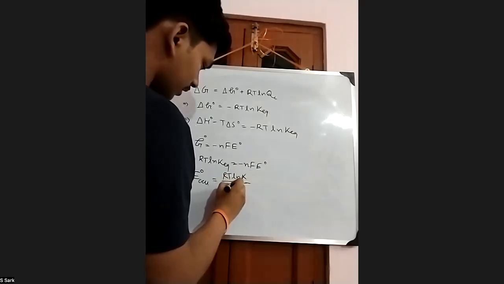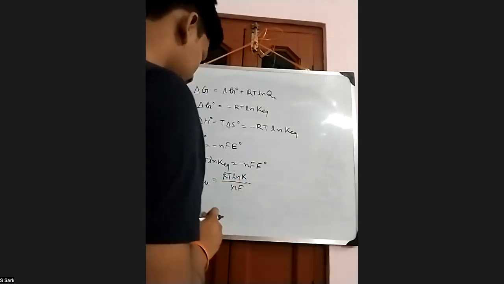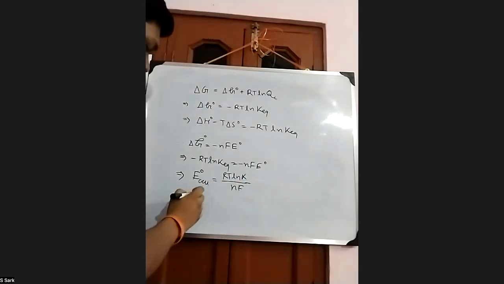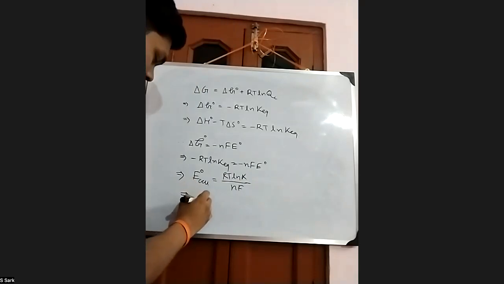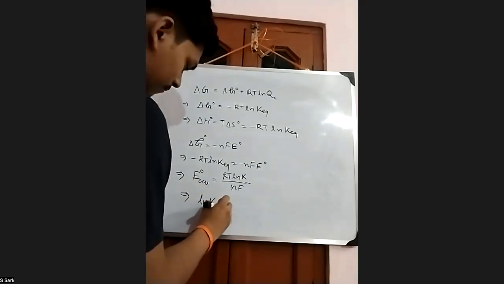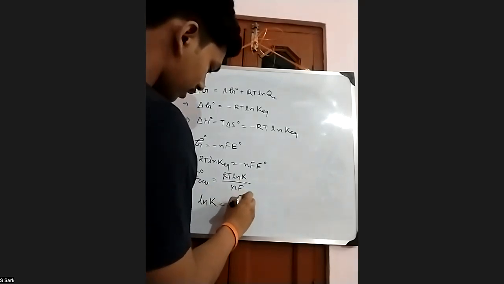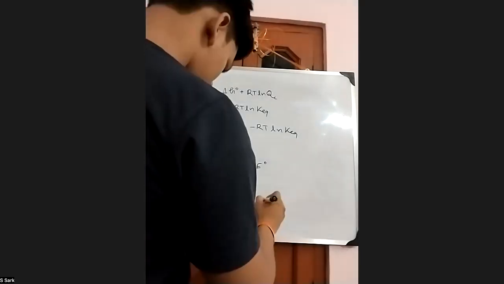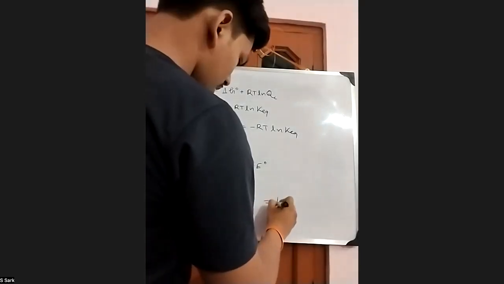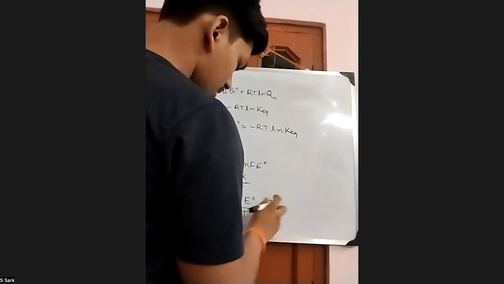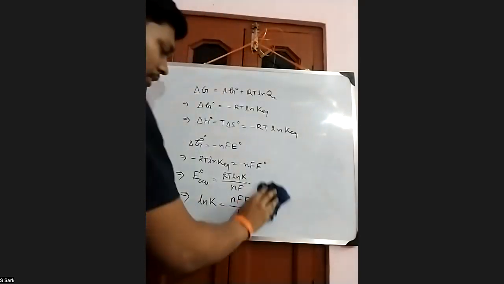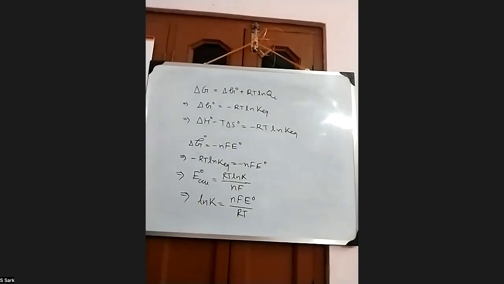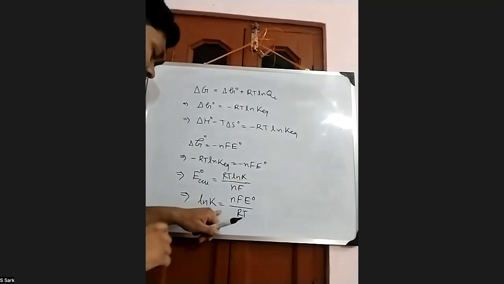And also ln K will be nFE0 by RT. Okay, this is the final equation, where we can get the equilibrium constant value, we can get the enthalpy, we can get the Gibbs free energy.